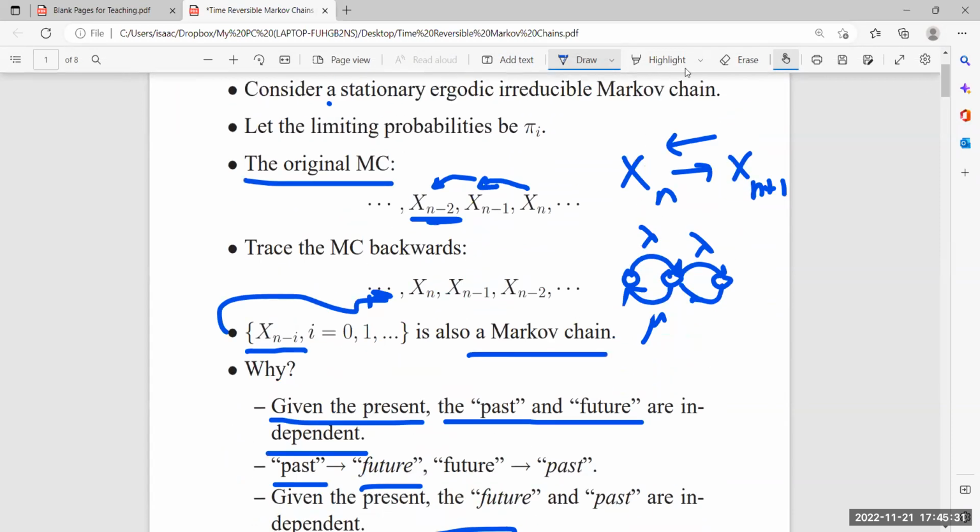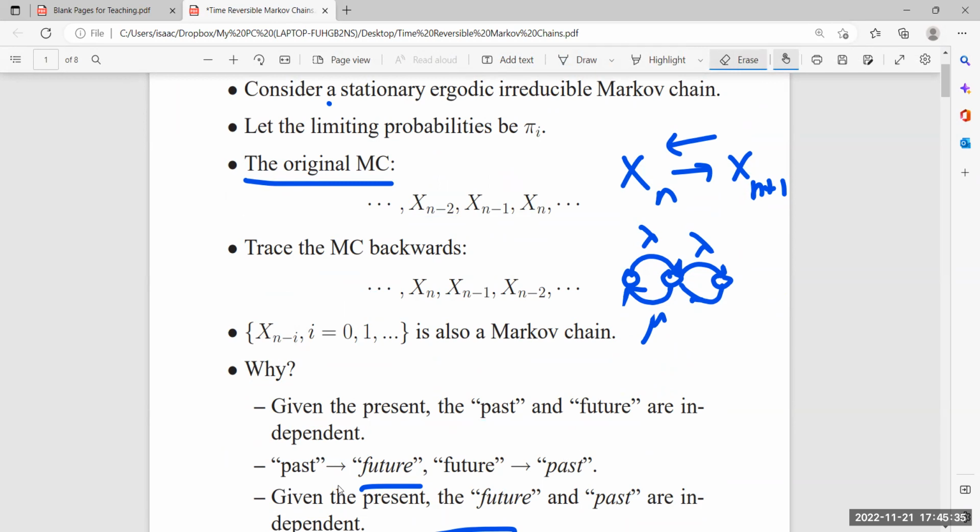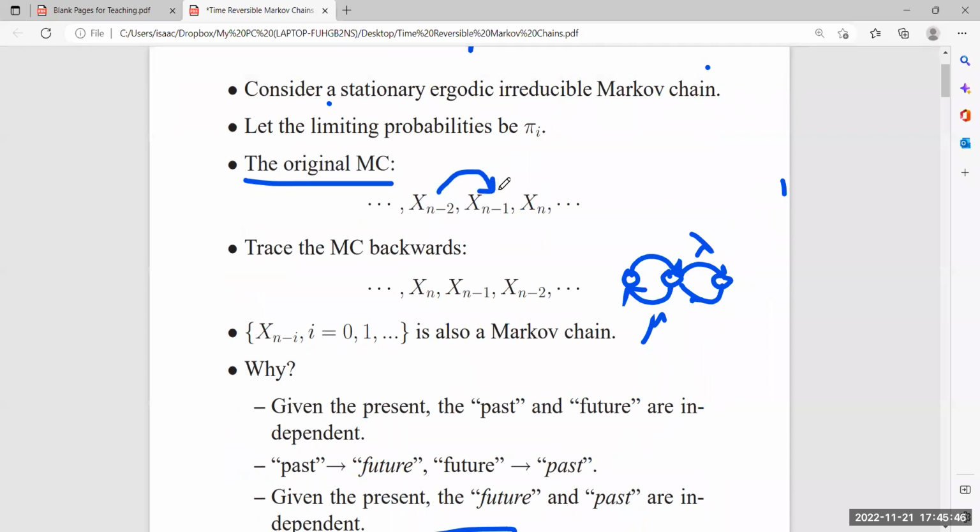All right, so this is the original Markov chain, and in the original Markov chain we are moving in this direction. We are moving from state n plus 1 to state n, and so on, to X_n. But we can trace the Markov chain backwards.